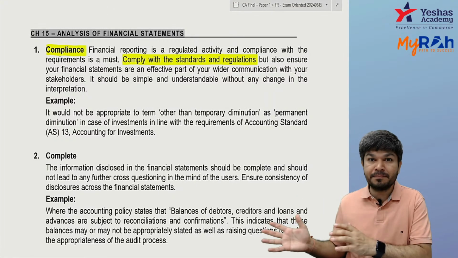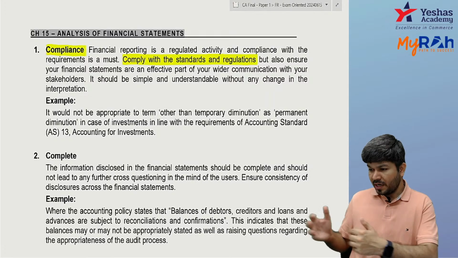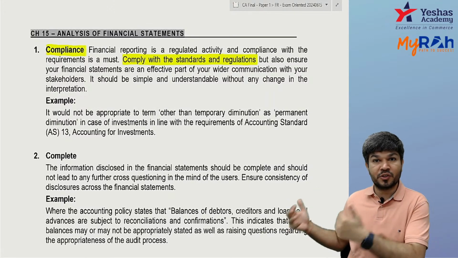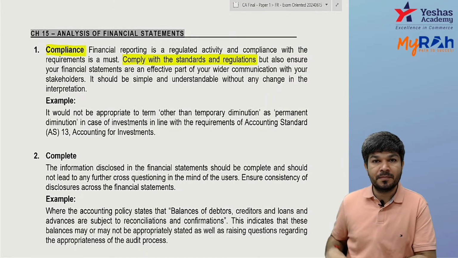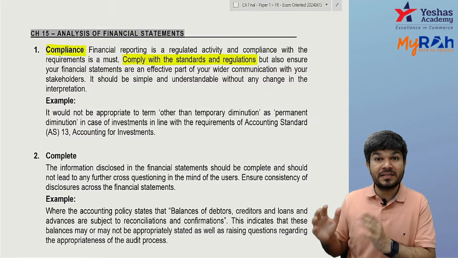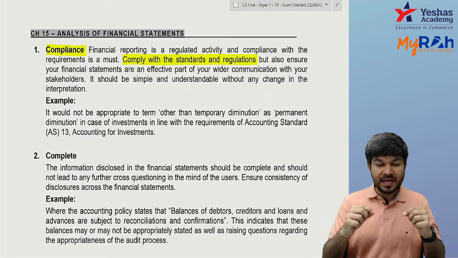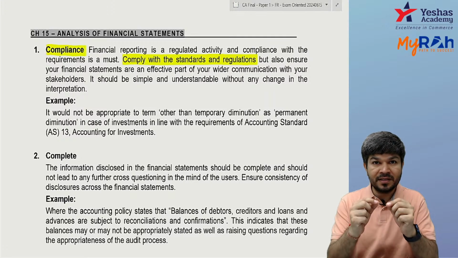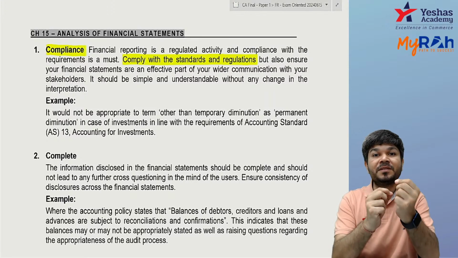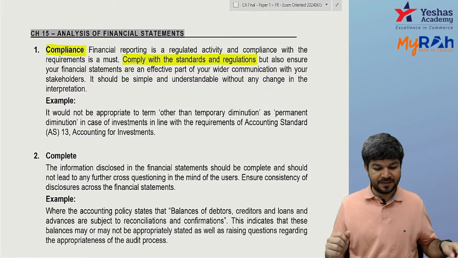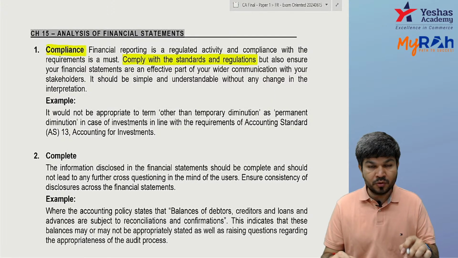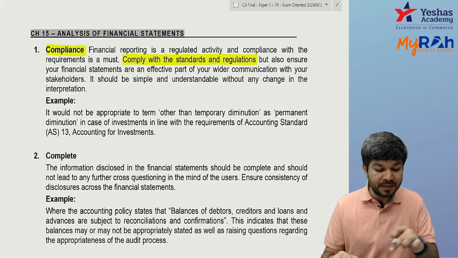But is it other than temporary? Yes. It's not like a 1-2 year one. 1-2 years is temporary, a short-term fall. But if it will come back in 4 or 5 years, it's other than temporary. So you need to follow the standard in the way given. Don't try to misinterpret it. It is not appropriate to term other than temporary as permanent diminution.